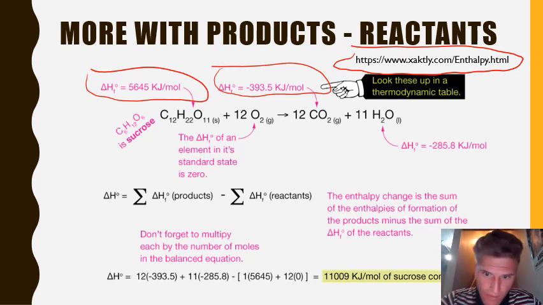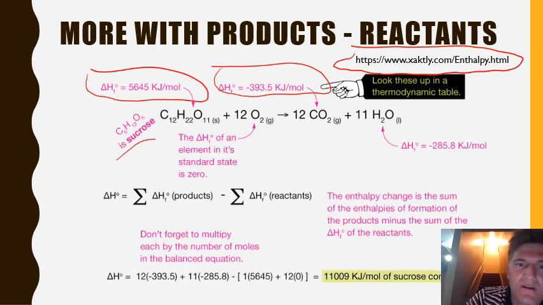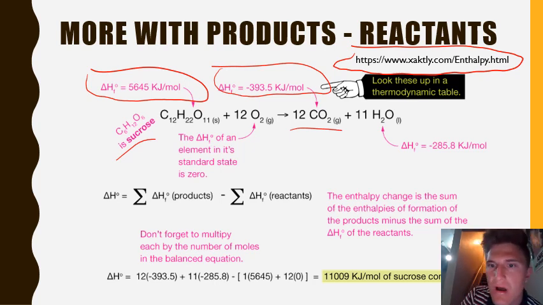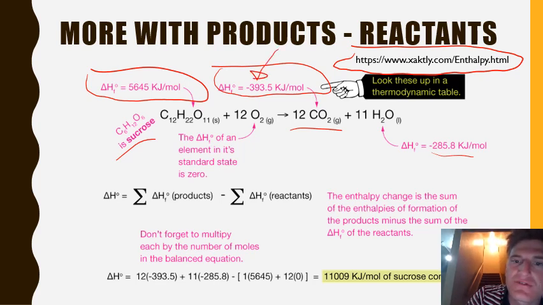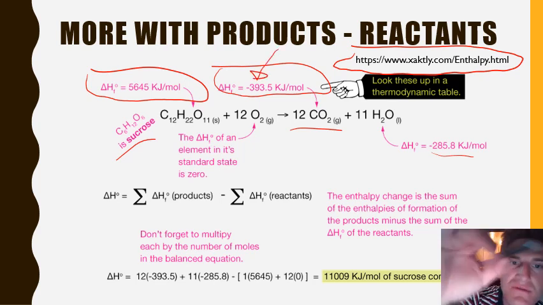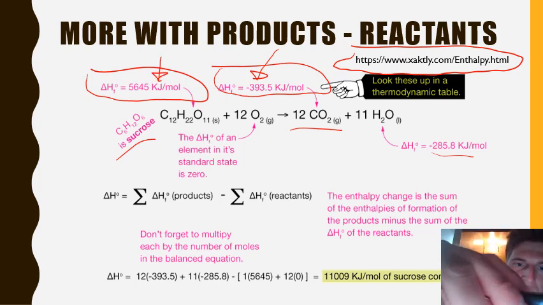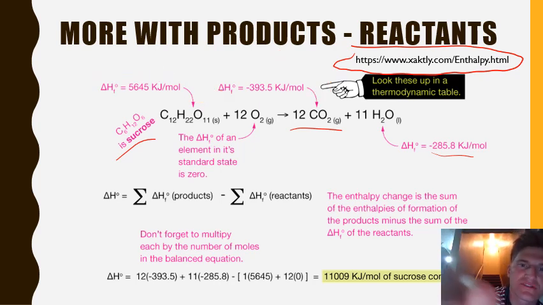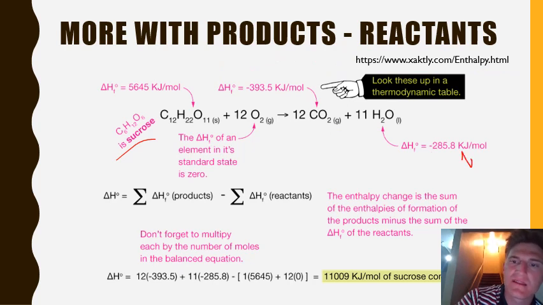So, using this example, we have sucrose right here, the C12H22O11, mixed or combusted with oxygen, and this gives us CO2 and H2O, and a release of 285 kilojoules per mole of the H2O, 393 kilojoules per mole of the CO2, and so on. And so just like we did with those letter examples, they did the exact same.